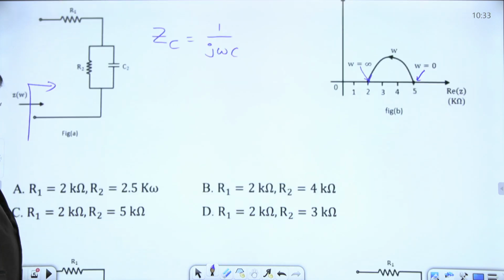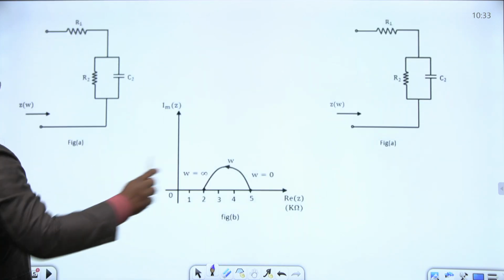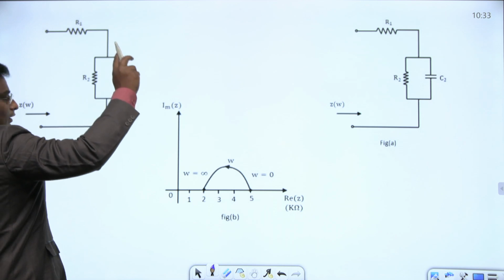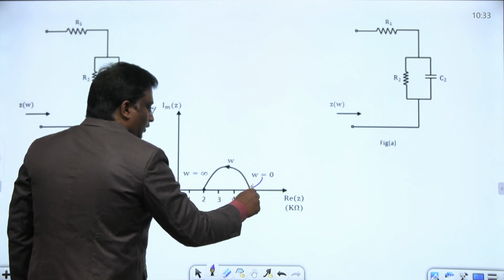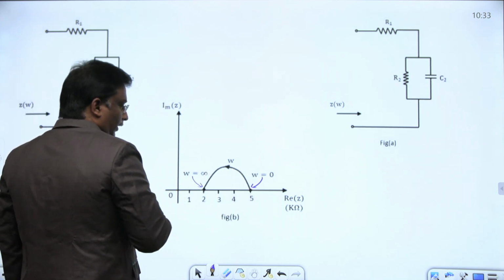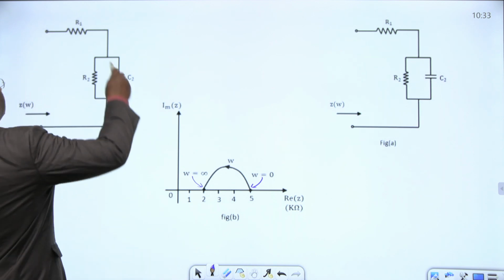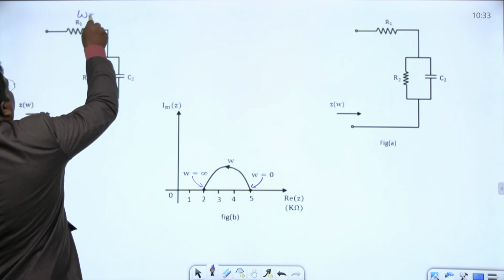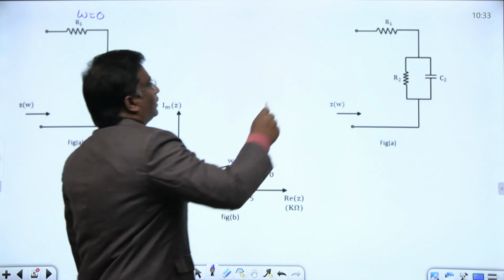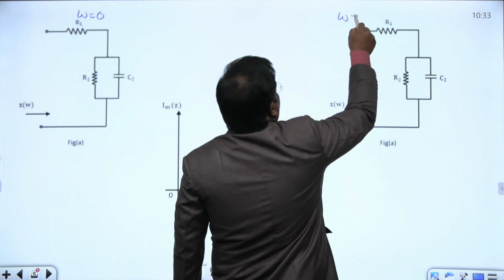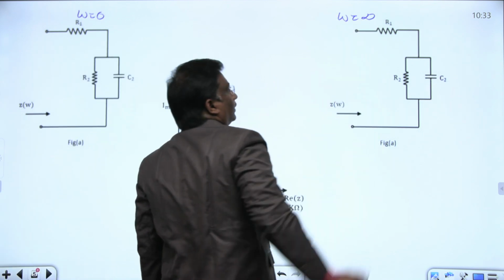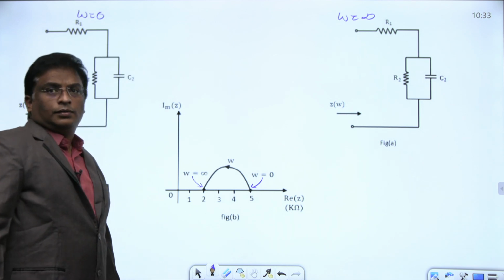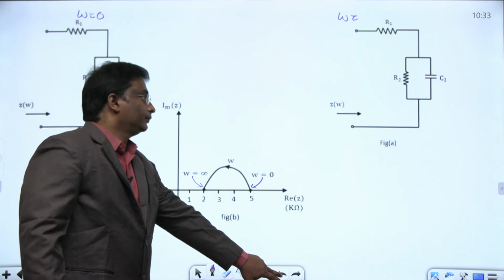See, I am taking a new slide. You notice here, let us discuss the omega equal to 0 and omega equal to infinity points. What is the circuit at omega equal to 0, and similarly at omega equal to infinity?